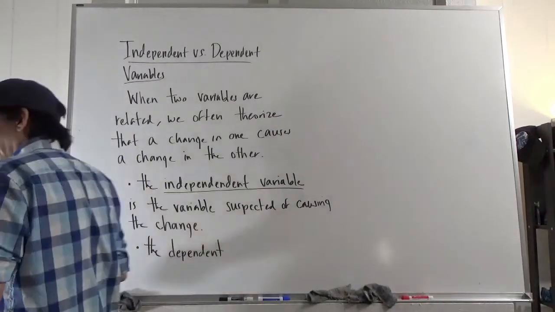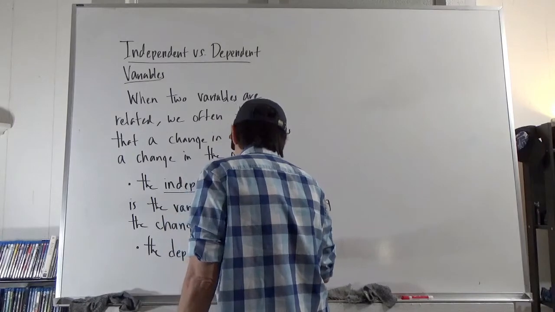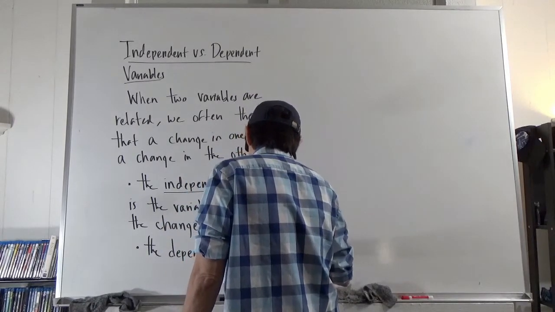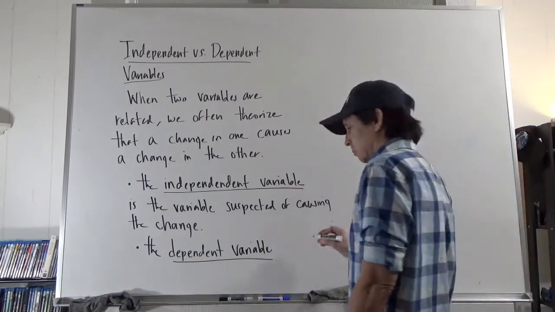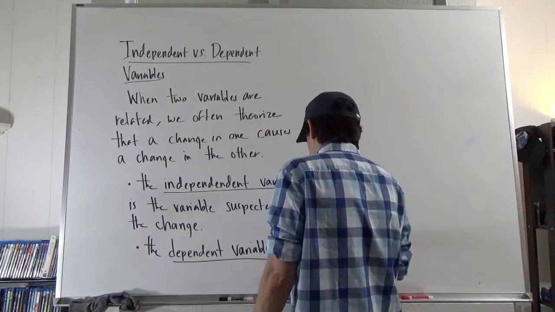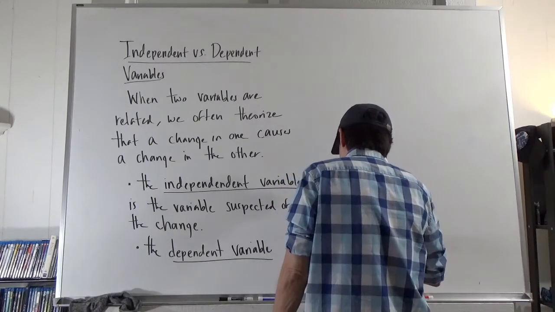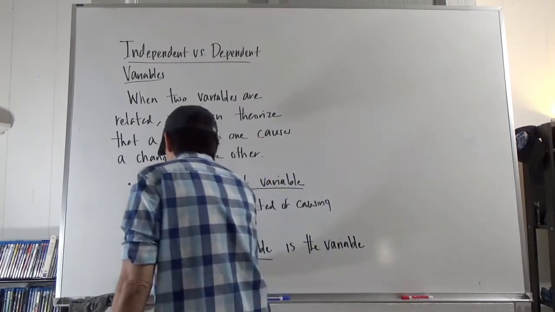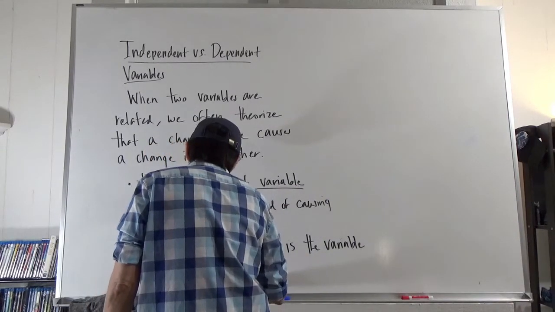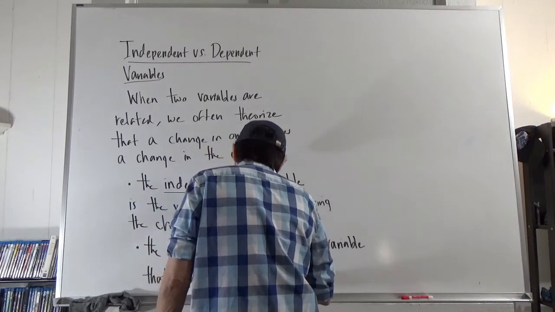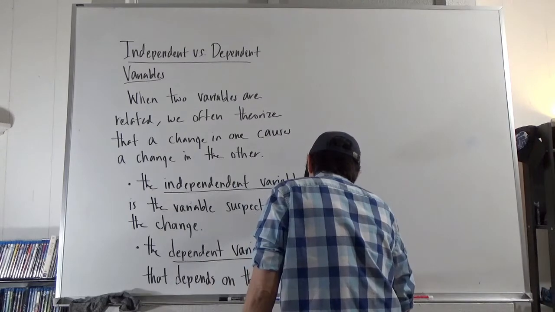The dependent variable is a variable, and I'm just going to keep it straightforward, that depends on the other variable. And this will be a little bit clearer with some examples.